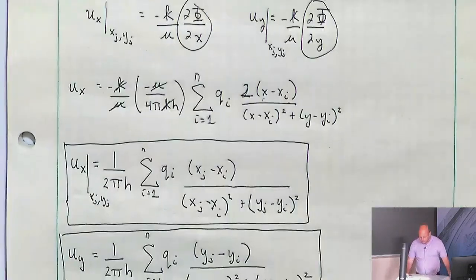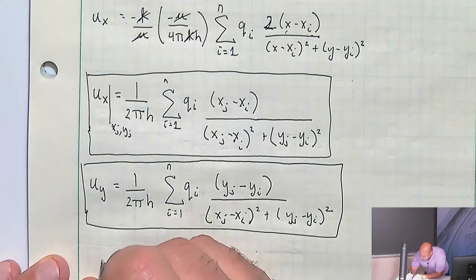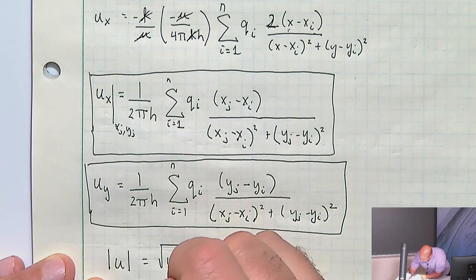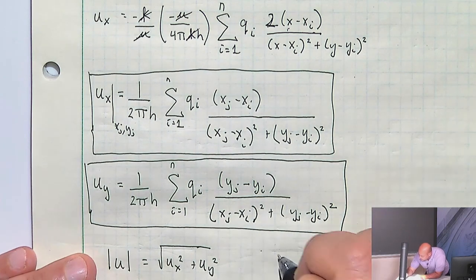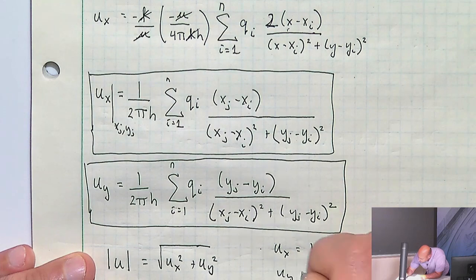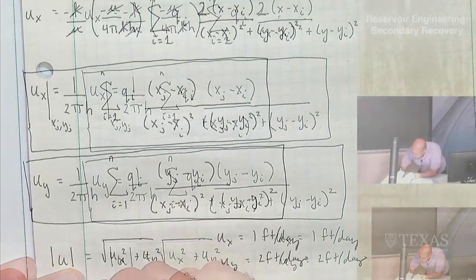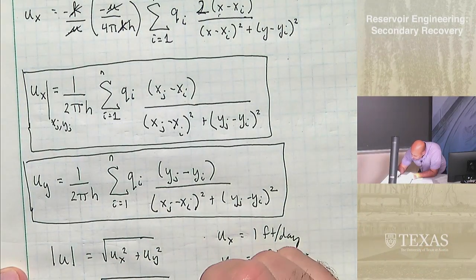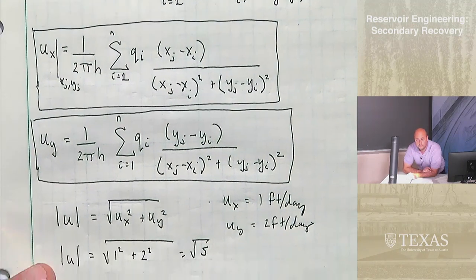Sometimes we talk about the magnitude of the velocity, U, which is the square root of Ux squared plus Uy squared. So let's say Ux was 1 foot per day and Uy was 2 feet per day. Then U would be the square root of 1 squared plus 2 squared, which is the square root of 5, a little bit greater than 2.